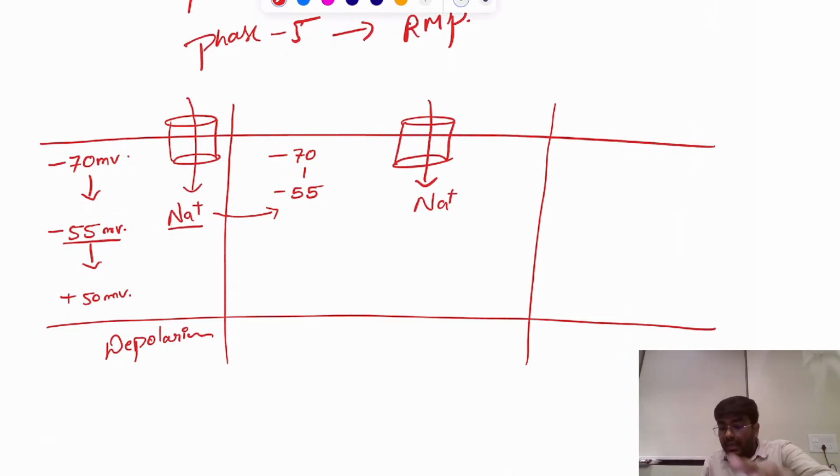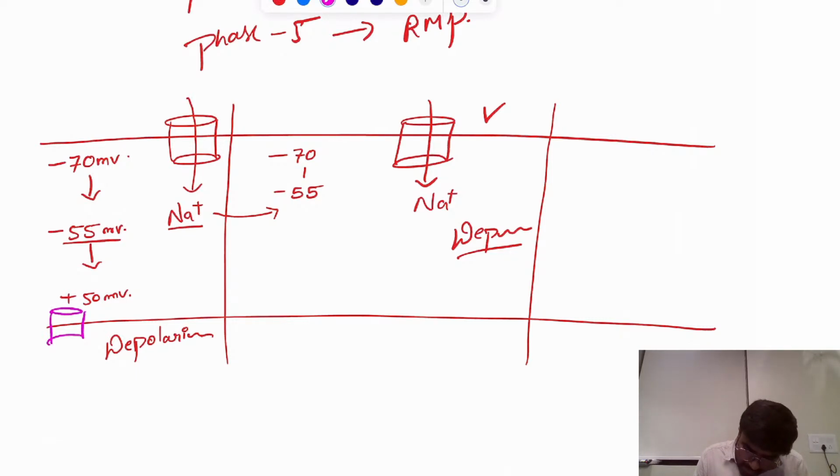Depolarization is occurring here. But what happened in the first area? In the first area, the voltage gated potassium channels are opened. Potassium will start to go out of the cell, leading to repolarization. Repolarization has started here.